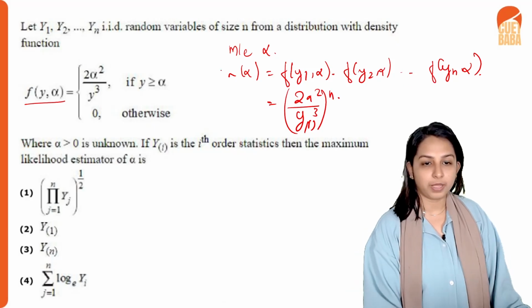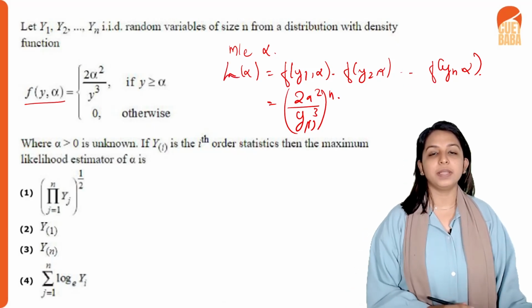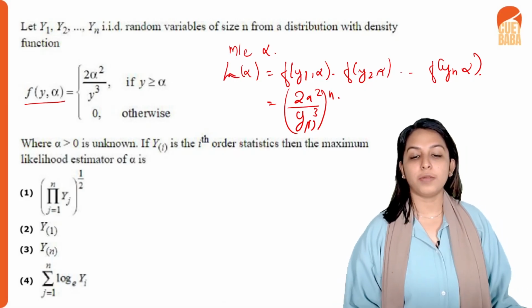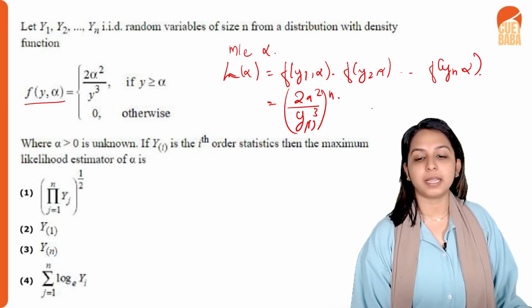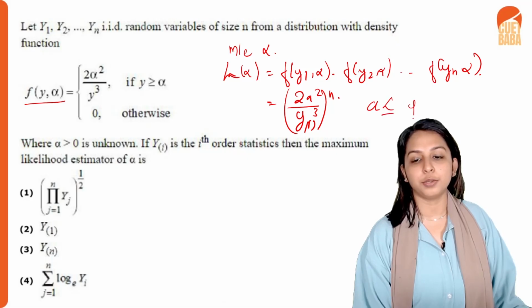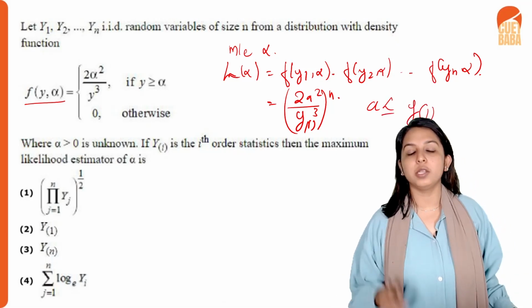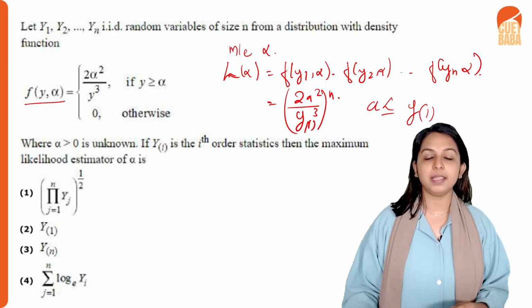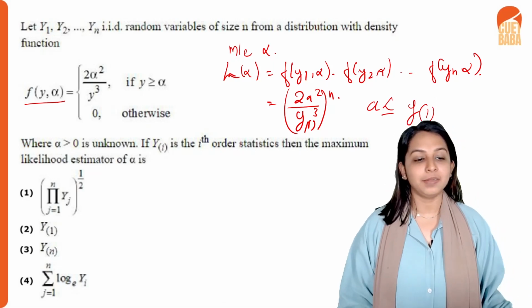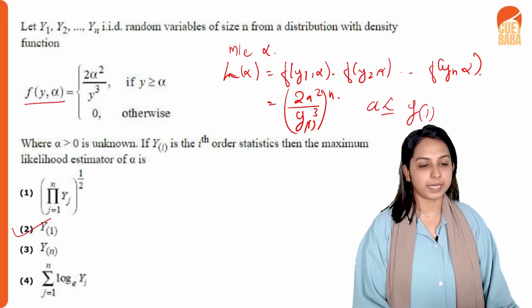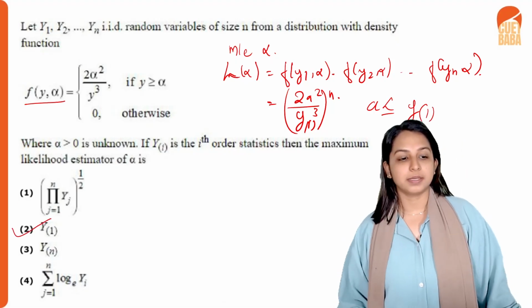This likelihood L of alpha will be constrained to only one condition, that is alpha will be less than or equal to y of 1. Since we already have the likelihood equation, we will maximize it, and finally we will get the maximum likelihood estimator as y of 1. So the second option will be the right answer.